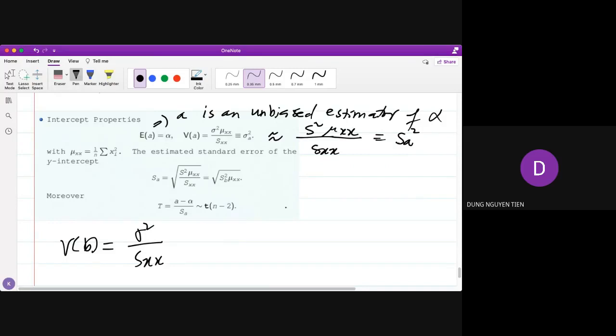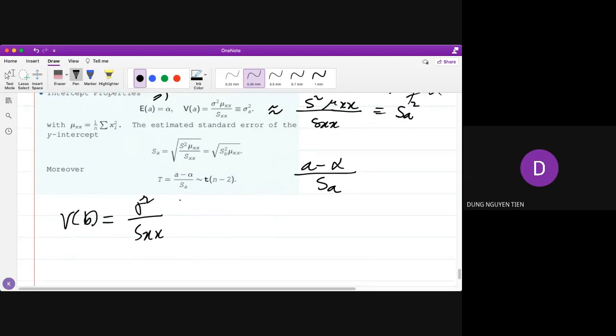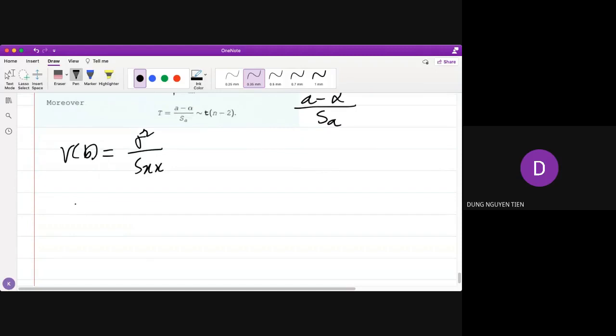So we can see that if I standardize A, I can come up with A minus alpha over SA, and it follows the t distribution with degrees of freedom n minus 2. Is that all clear, everybody? Okay, so we can use this to get a confidence interval for alpha.